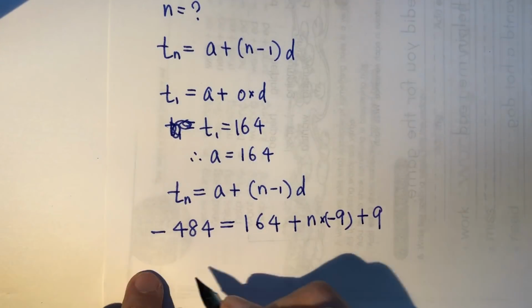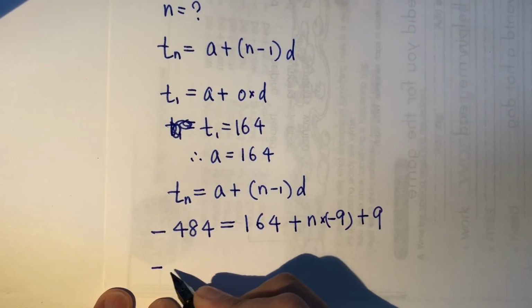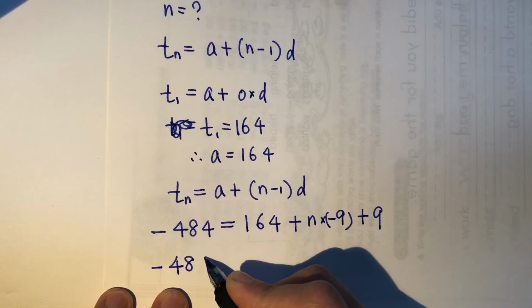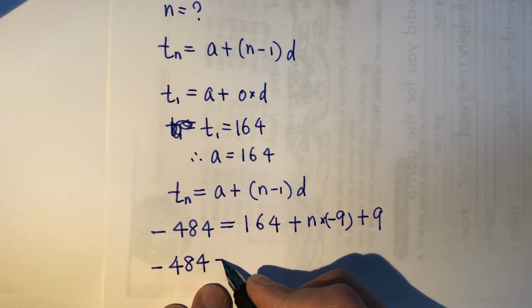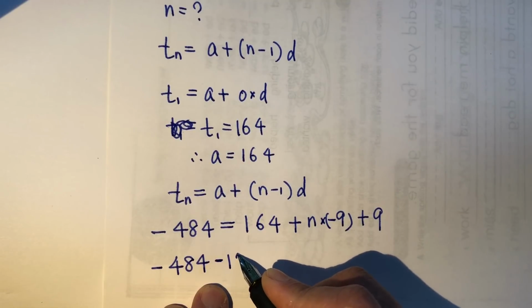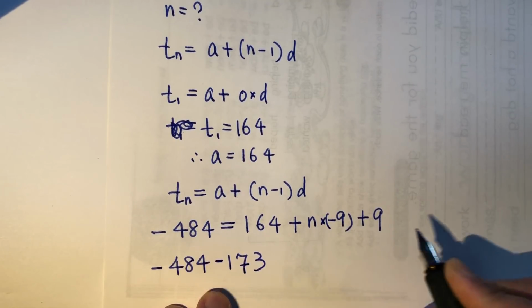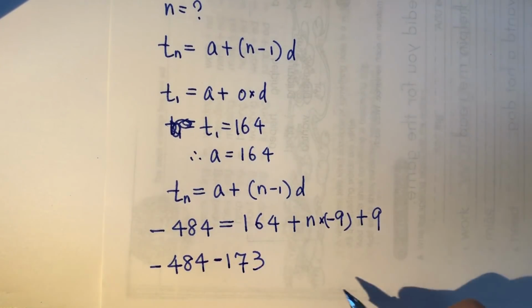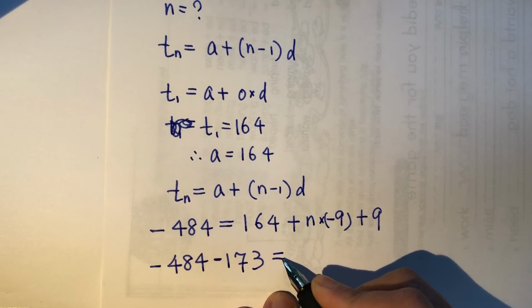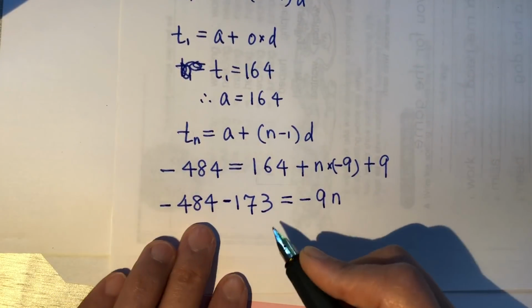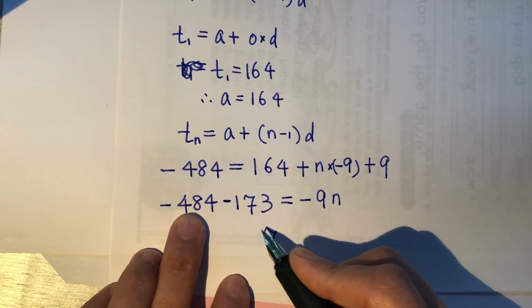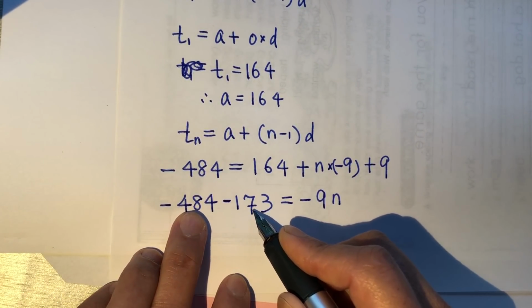So move this one to this side, negative 484, and this one is minus 173, right? This together is 173 equal to negative 9n.